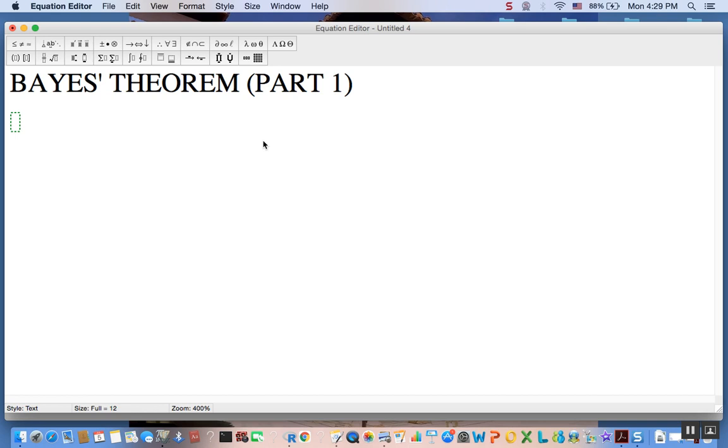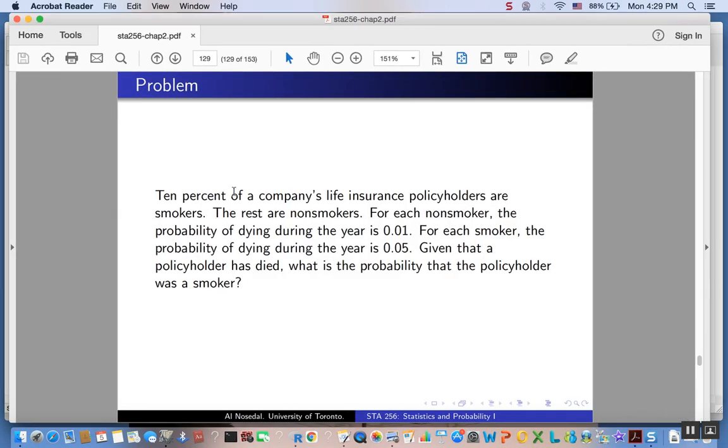Well, to begin this introduction to Bayes' theorem, we are going to solve a problem. That's a problem we are interested in solving. Okay, there's an insurance company, and these guys have divided their policy holders into two different groups, two mutually exclusive groups, smokers and non-smokers.